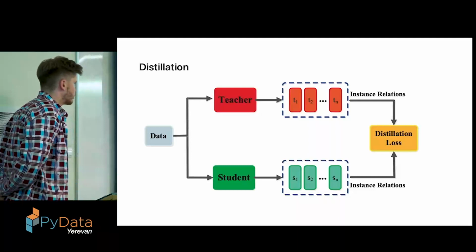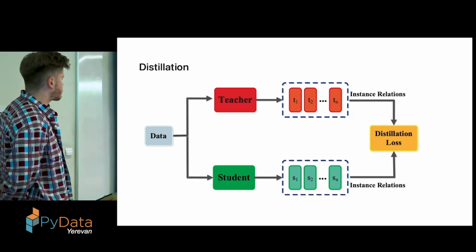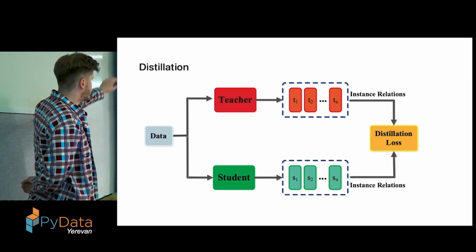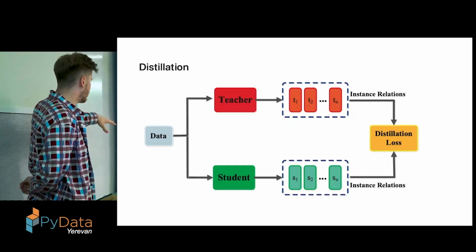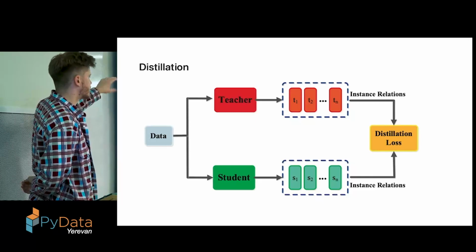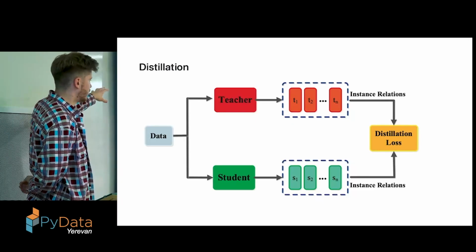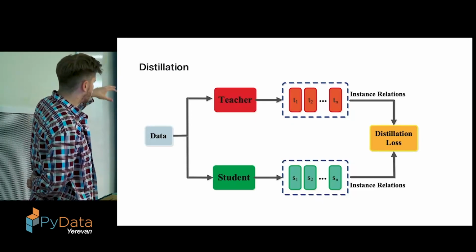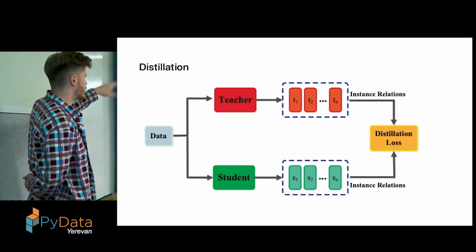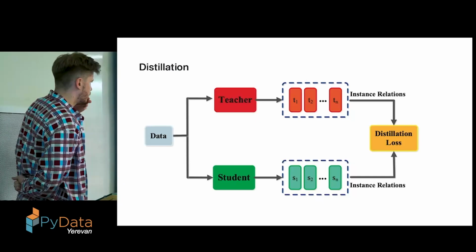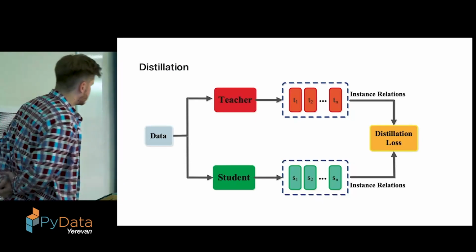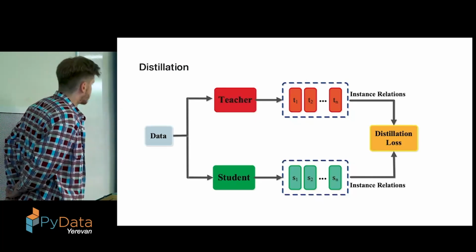Distillation is when you initialize the process with a teacher model that is bigger, with many more parameters than the student model, and you try to reproduce the result that the teacher model gets. So your loss is the difference between the predictions, and you backprop it to the student model. You train the student model by the mistakes from the teacher model.